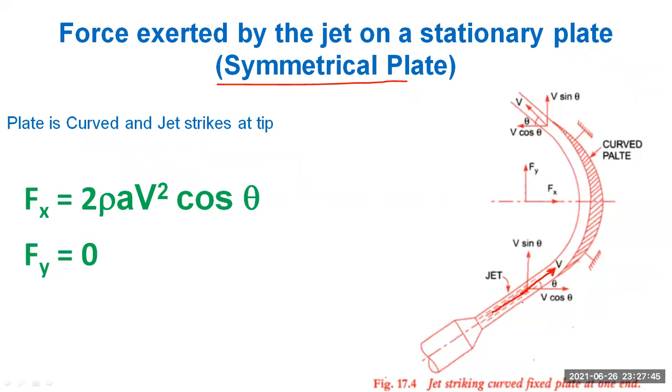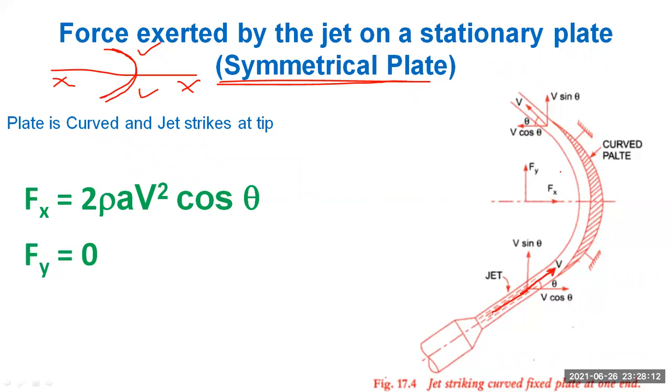It means it is striking at one end of the plate, not exactly at the center. And also it is assumed to be a symmetrical plate. Symmetrical plate means when you divide the plate into two equal parts exactly at the center, there will be equal distribution on both sides of the x-axis. So that is the meaning of symmetrical.